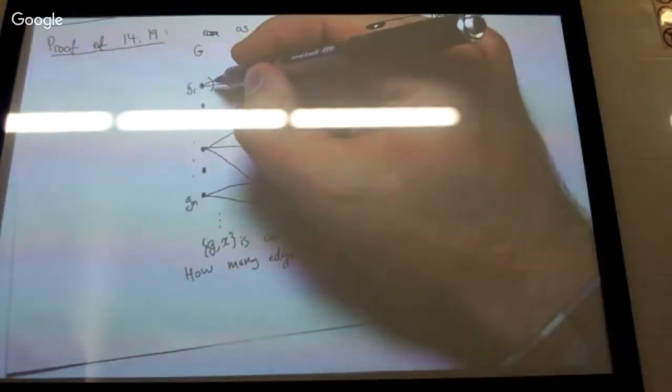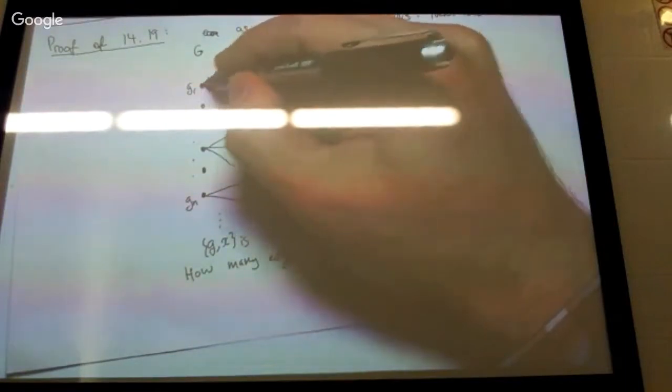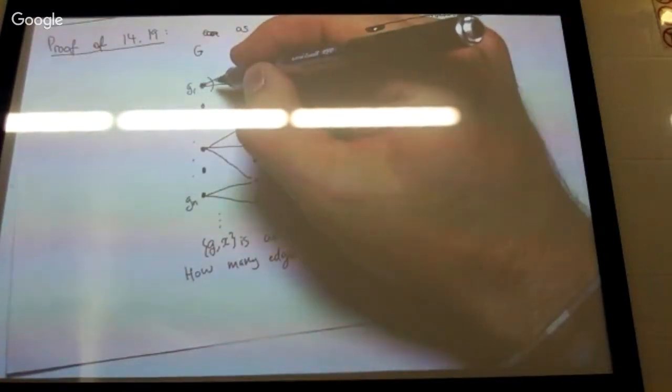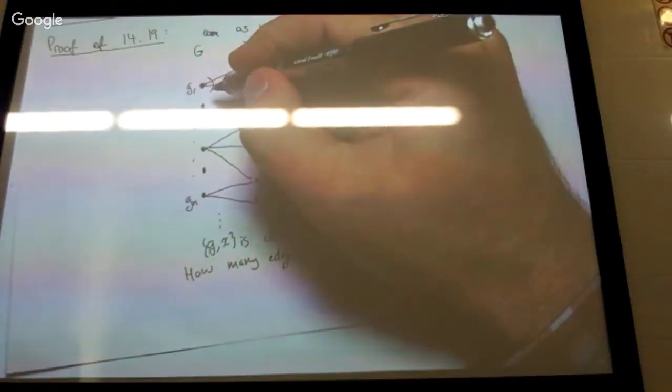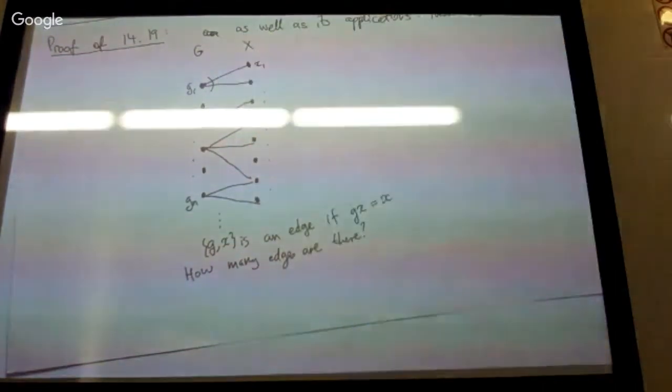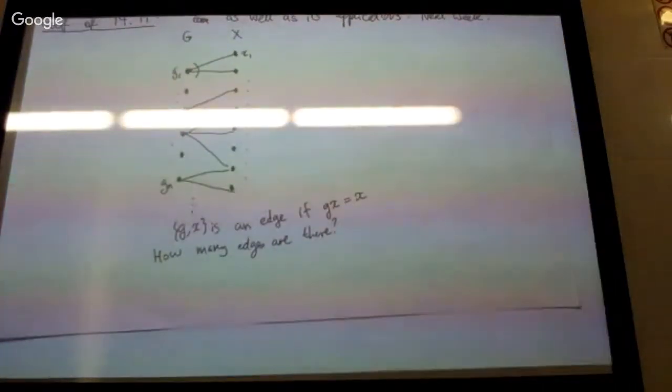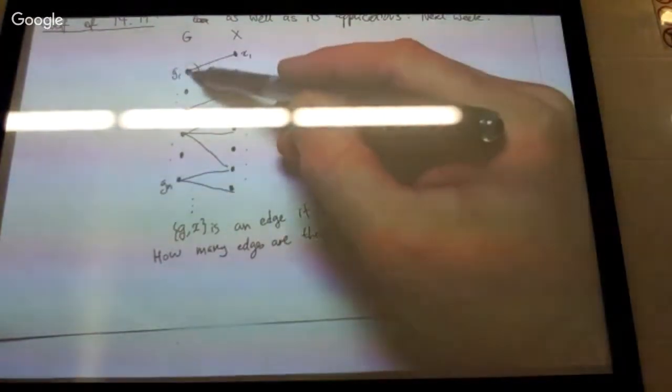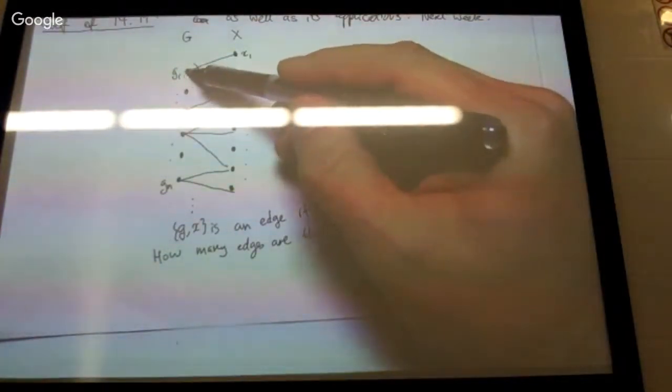How many x's are not moved by this particular element? So the question is, how many fixed points does g have?